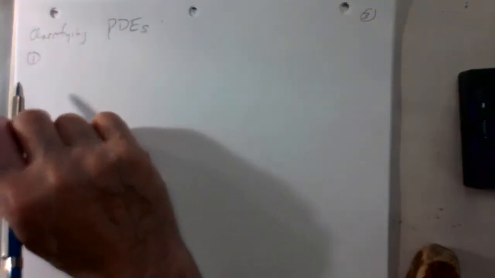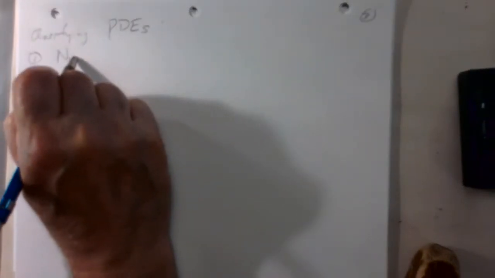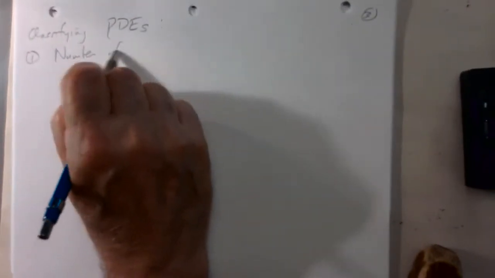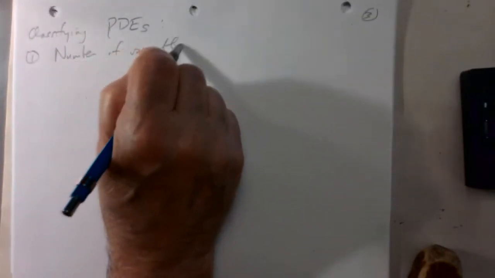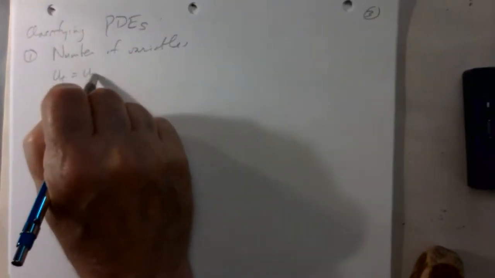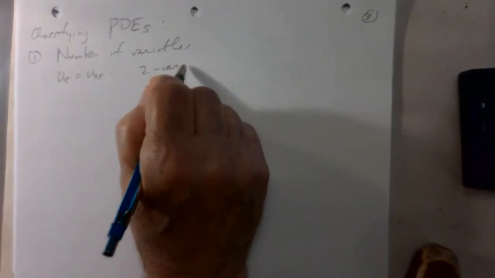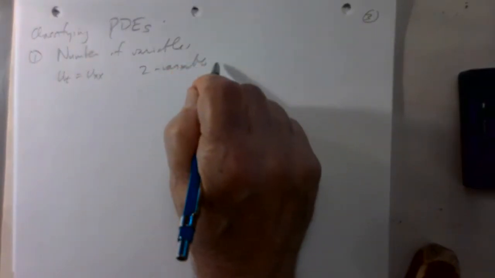The first and simplest thing is just how many variables are there? The number of variables. If you have the differential equation ut equals uxx, there are two variables, x and t.